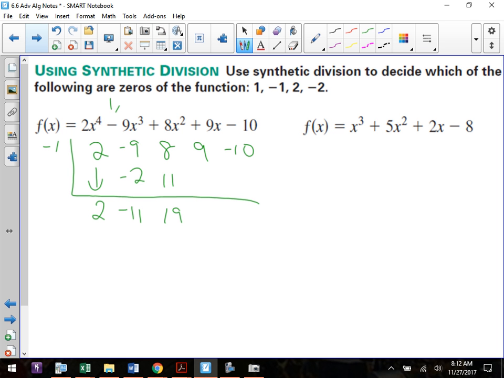By about now, well, let's see, we get negative 19. Hey, look, it's another 0. And we go again. Hey, look, I found another one.